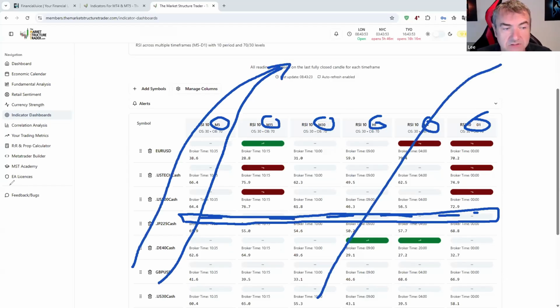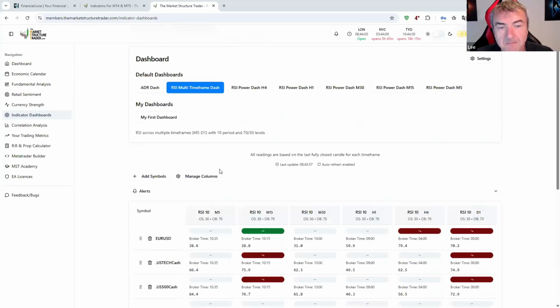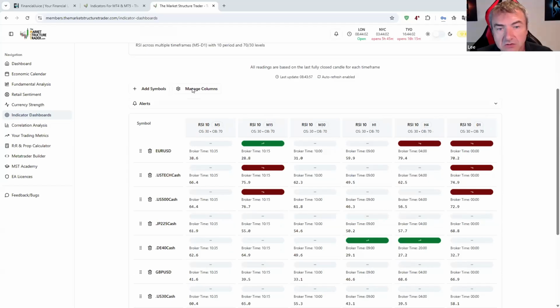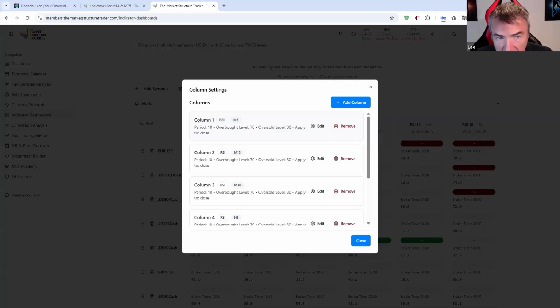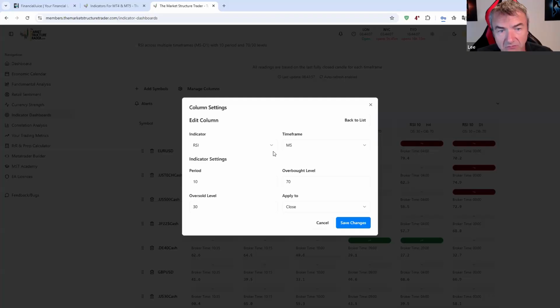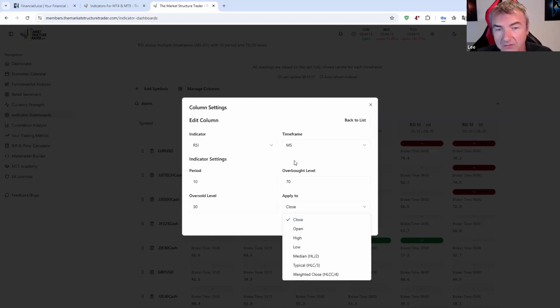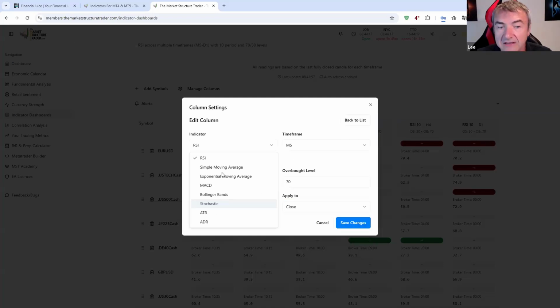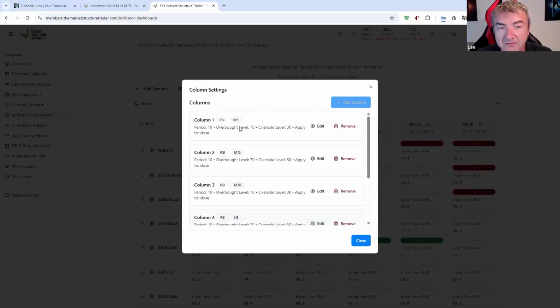So really good opportunity to take a short. There's not really anything set up like that at the moment, but you can change all of these as well. In each column, you can change the levels. If you wanted to use the 10 period or the 70/30 overbought, oversold, you can change what it's applied to. You can change the time frames. You can also select different indicators. But for the standard dashboards, I would leave them as they are.